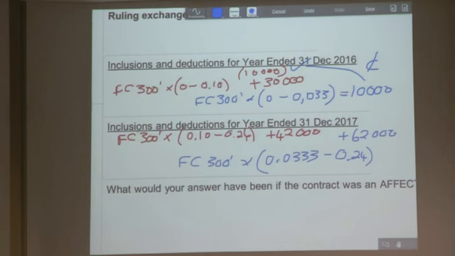So if it was an affected contract, I had nothing in year 1, and I had 62 in year 2. So my total picture will be the same for both options. It's just when it's an affected contract, everything is moved to the second year. In the first year, you do not get any tax consequences. So your exchange difference will always cancel out your premium. So your net answer must be 0 if it's an affected contract for 24I purposes.